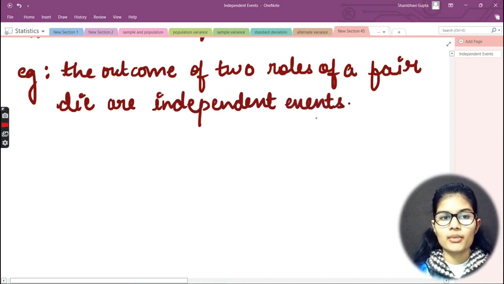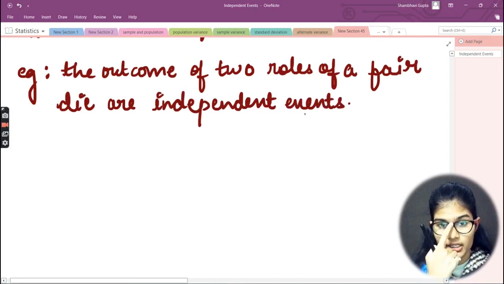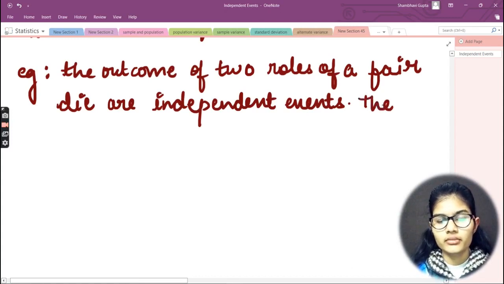Let's say, for example, we took that the outcomes of two rolls of a fair die are independent events.